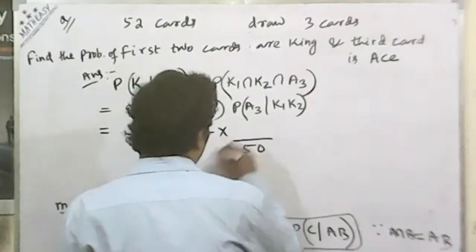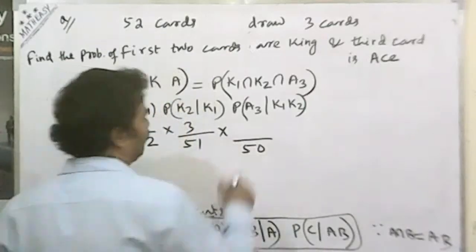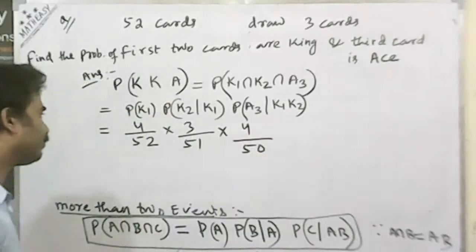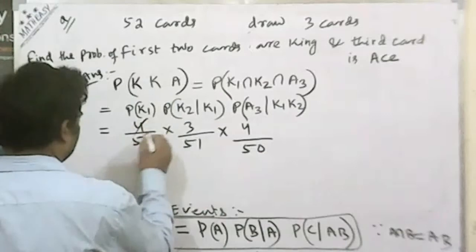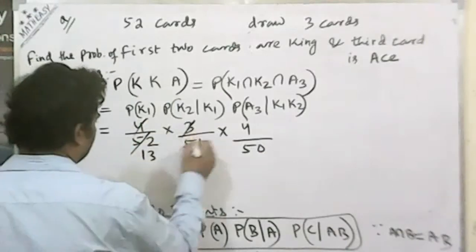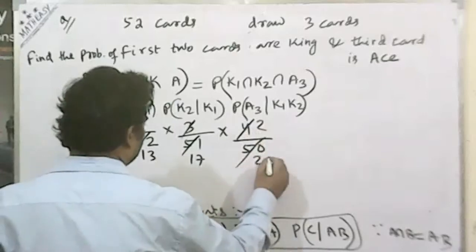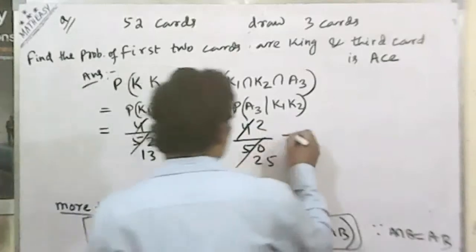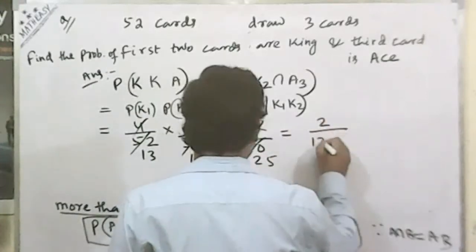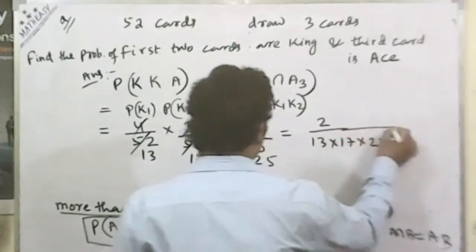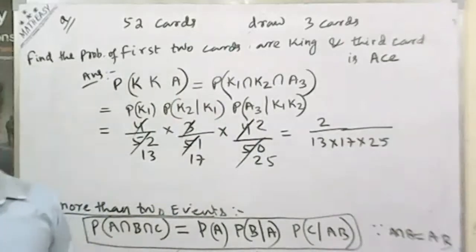Then what about ace? 4 aces are there, so that is 4/50. So it is 2/13 into 1/17 into 2/25. This is the answer.